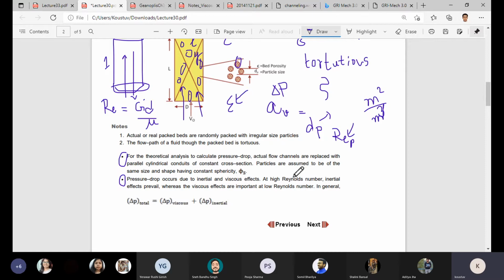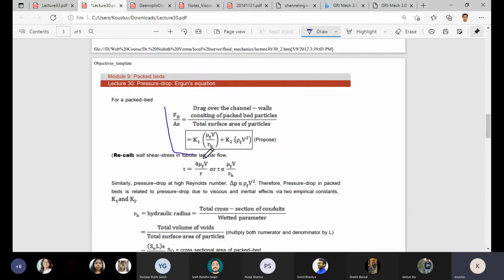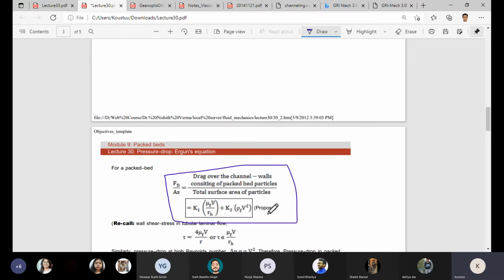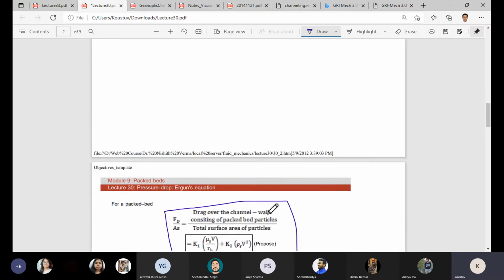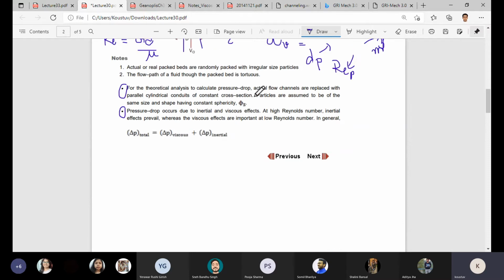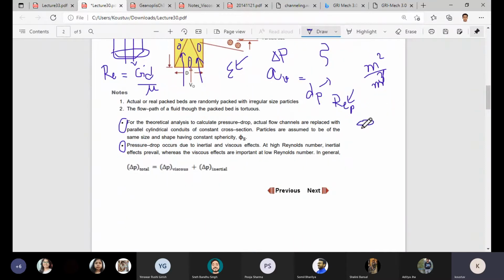For writing this drag force expression, similar to the Hagen-Poiseuille starting equation, in order to draw a resemblance between the packed bed and an empty tube, we consider the flow path replaced by parallel cylindrical conduits. The actual flow path is no longer straight, but we consider it straight, and then take into account other factors, that is epsilon, tortuosity, etc.